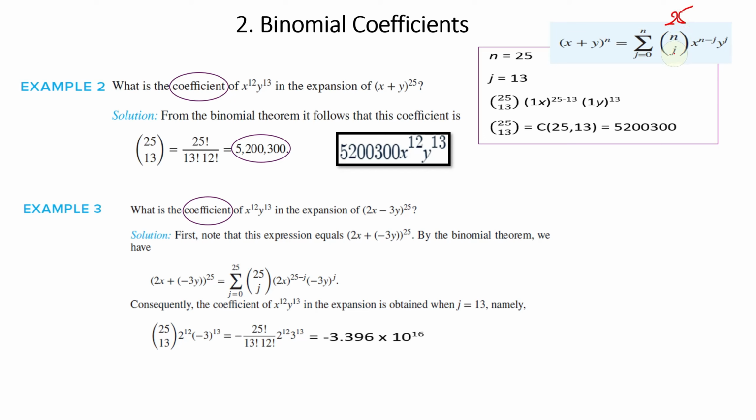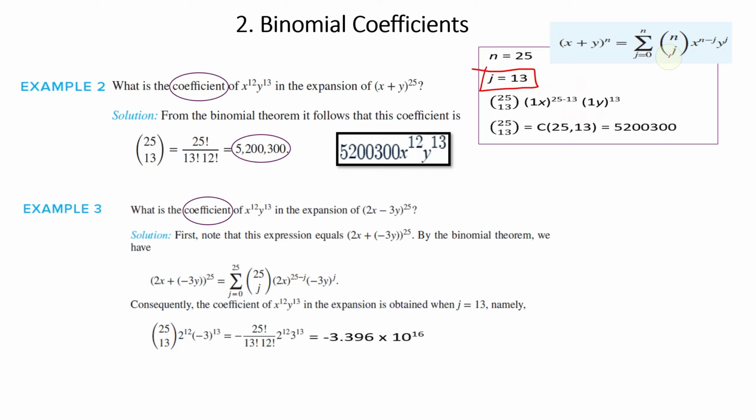Now I need to find out what j is going to make this x to the power of 12 and this y to the power of 13. Well, obviously, if I'm just looking at y, this is where 13 is, that means j is going to be 13.